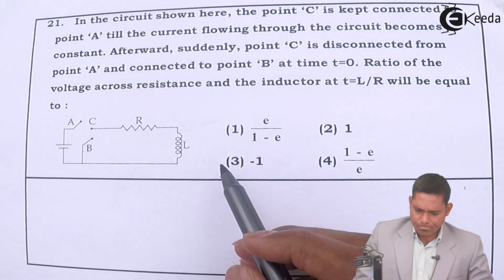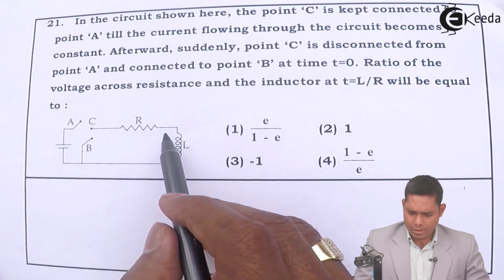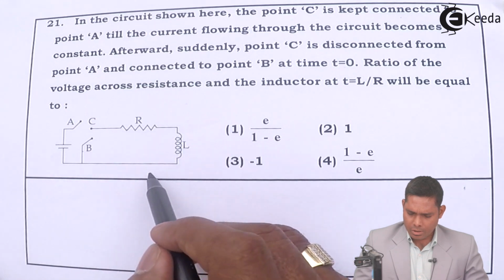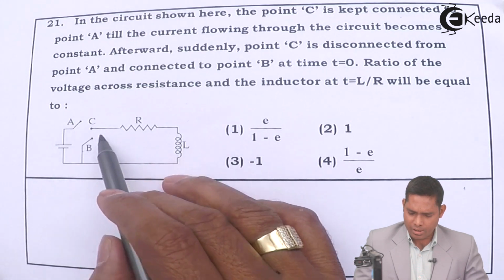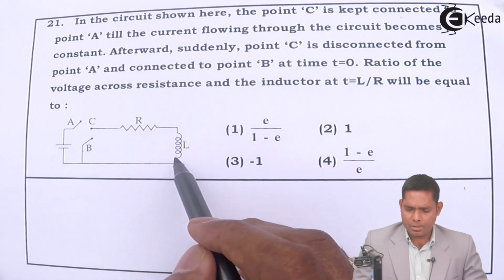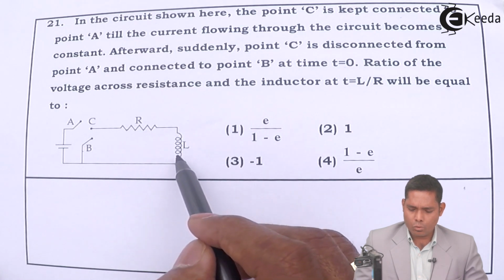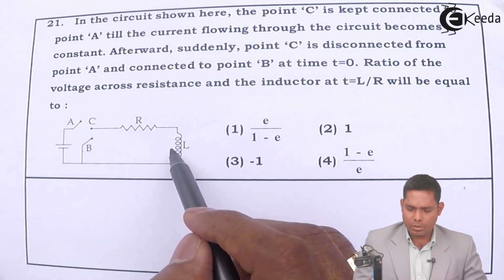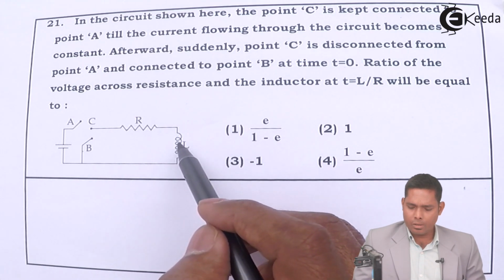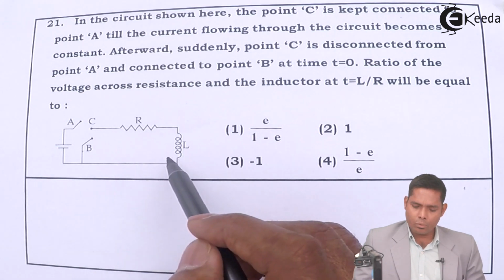Now, the current was earlier flowing in this direction, and by disconnecting, the flow of current will stop. But it will not stop immediately because it is an inductor. An inductor wants the current to continue flowing like that. So the energy stored in the magnetic field of this inductor will start collapsing, and it will try to maintain the flow of current in this direction.